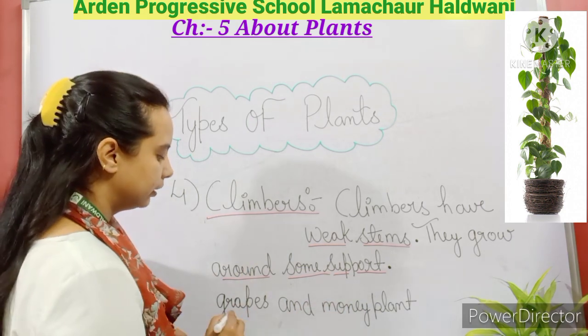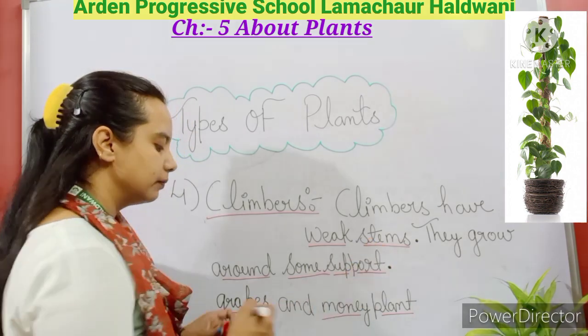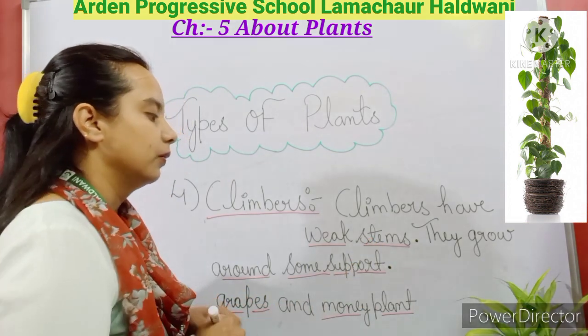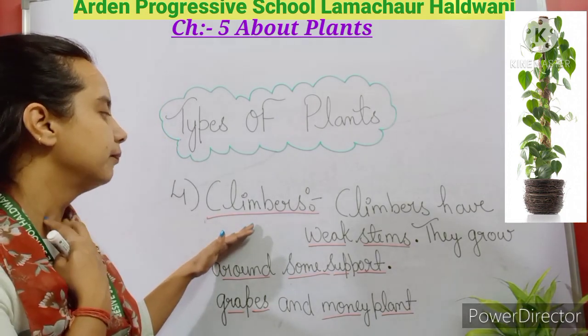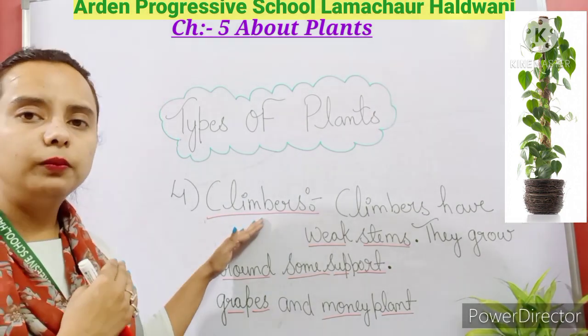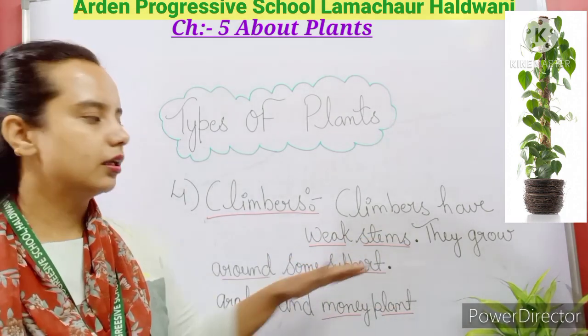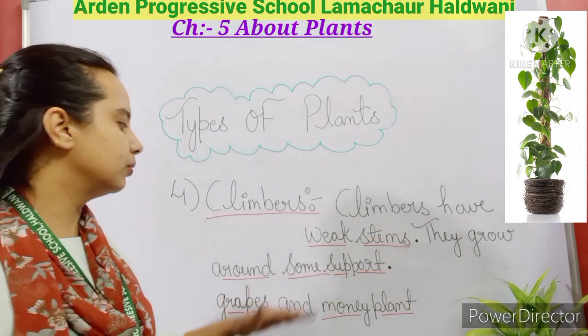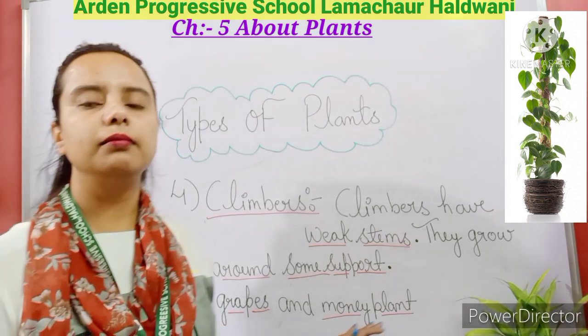Grapes and the money plants, and other climbers are also there. Not only two, other examples are also there. So the climbers with weak stems that need some support to grow are known as the climbers. Examples: grapes and the money plants.